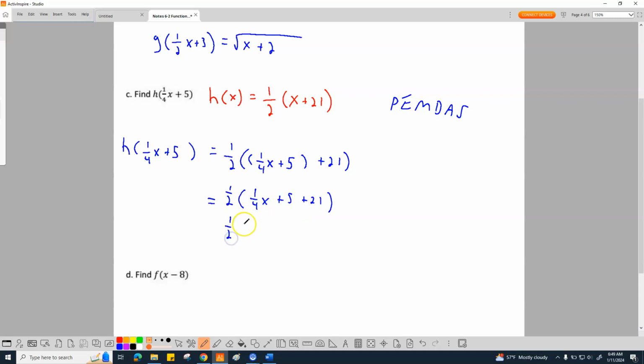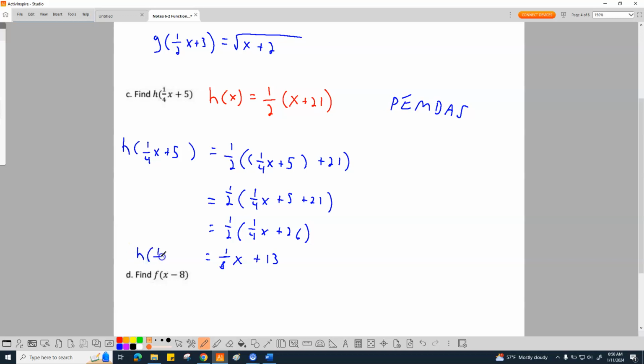So I have 1/2 times 1/4 x plus 26. And now I can go ahead and finish this out. I'm going to distribute this 1/2. When I multiply 1/2 by 1/4, I'm going to get 1/8 x. And then 1/2 times 26 is going to be 13. I just cut it in half. And that is our answer for this one right here.